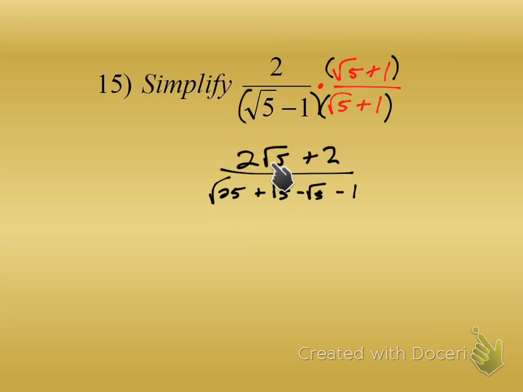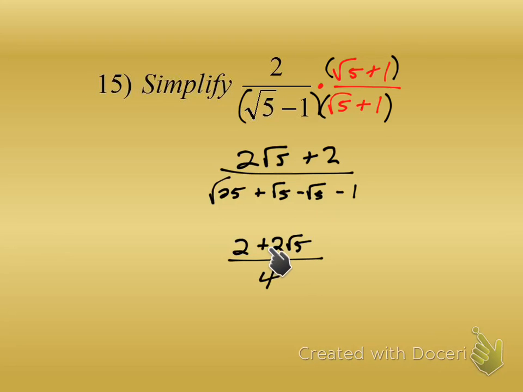Okay, the top's going to stay the same, right? 2 rad 5 plus 2, no like terms there. I'm actually going to go 2 plus 2 rad 5 if that's okay with everybody. The denominator, square root of 25 is what? 5. 5 minus 1 gives you 4, good. And then rad 5 minus rad 5 gives you 0. All right, 0, so you're done there.